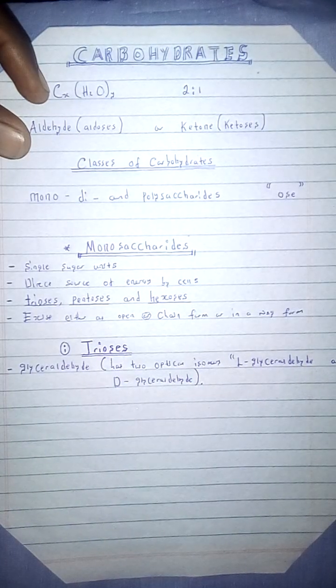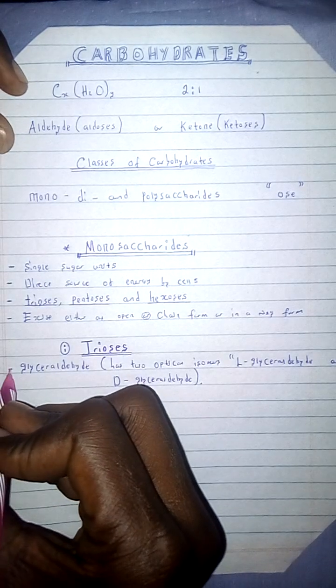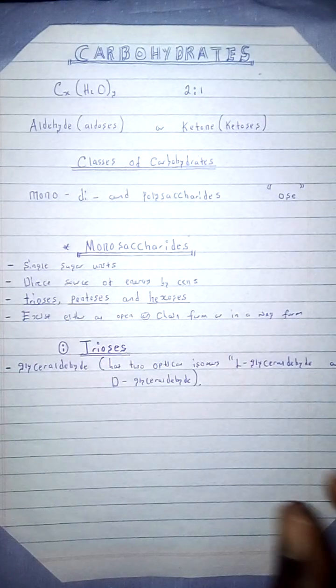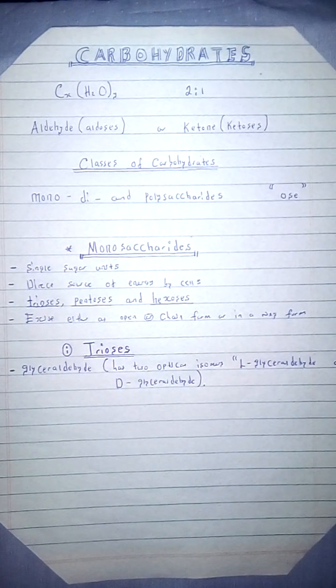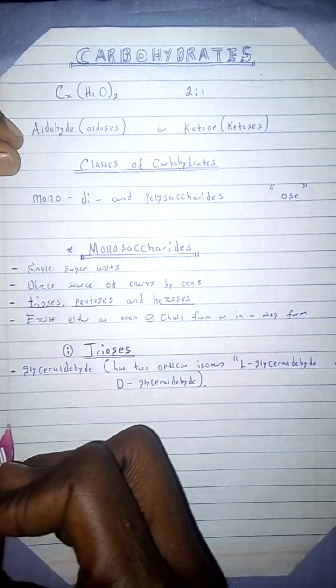Then we said we've got two biologically important triose sugars, right? The first one being glyceraldehyde. What about the second one?